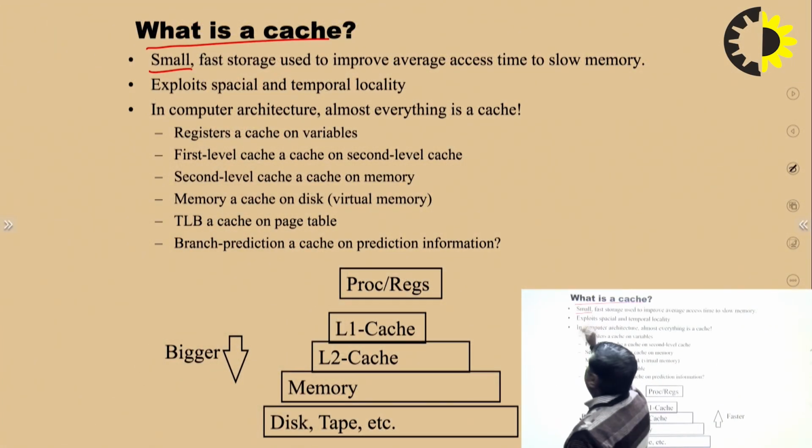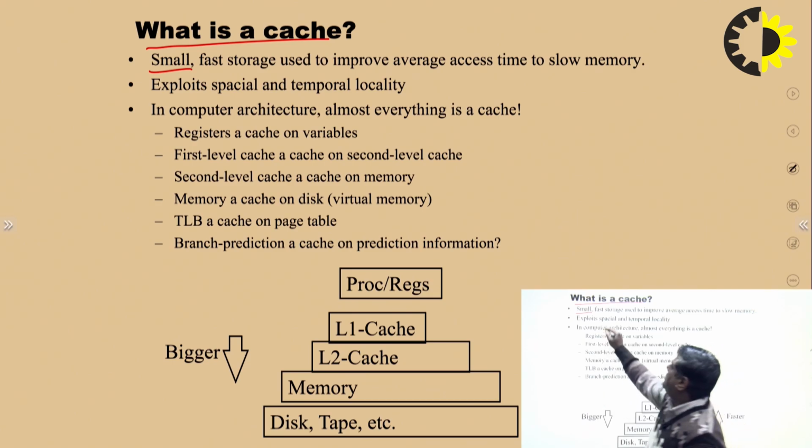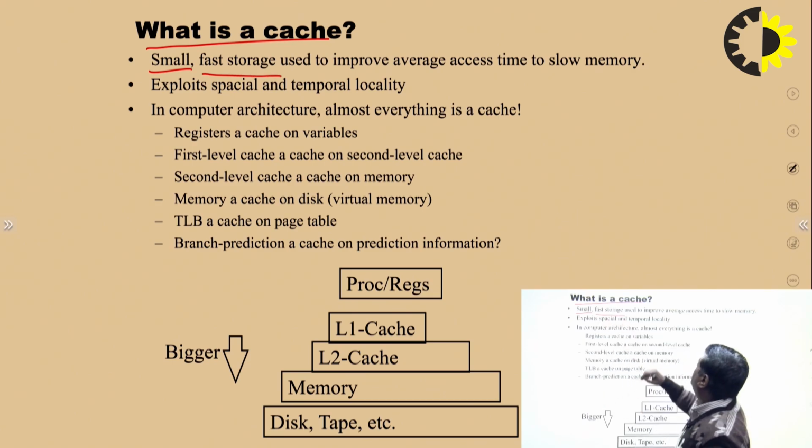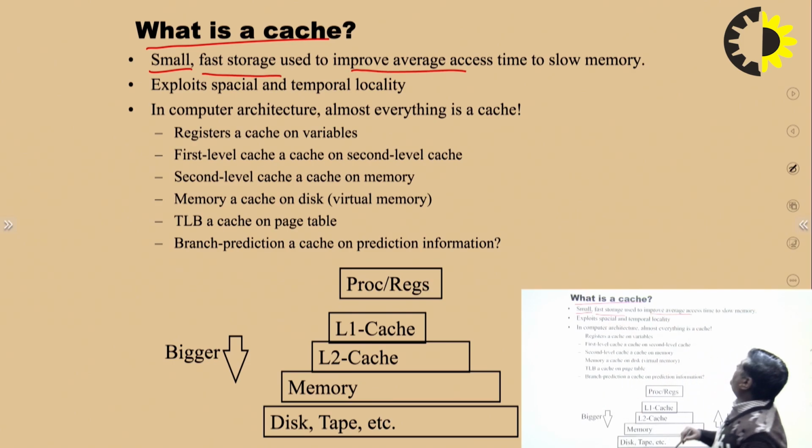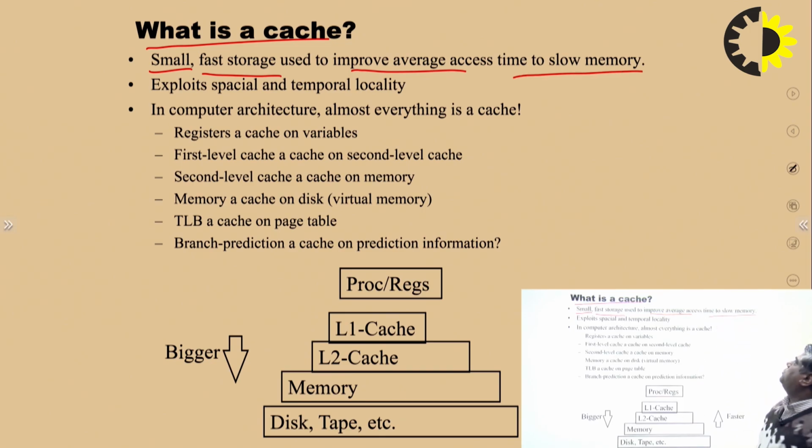Cache is a very small, fast memory that improves the average access time to memory. Cache memory is very fast and small, and it is designed to reduce the access time of the CPU to the main memory.